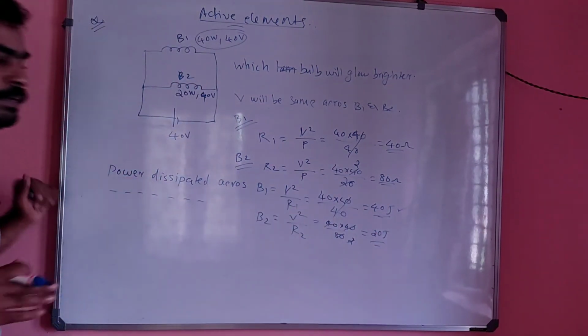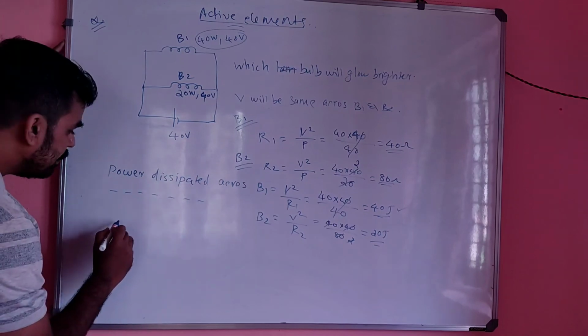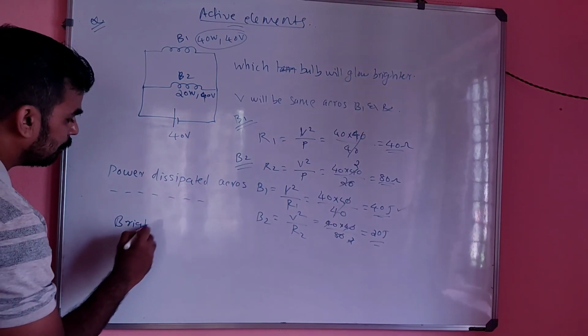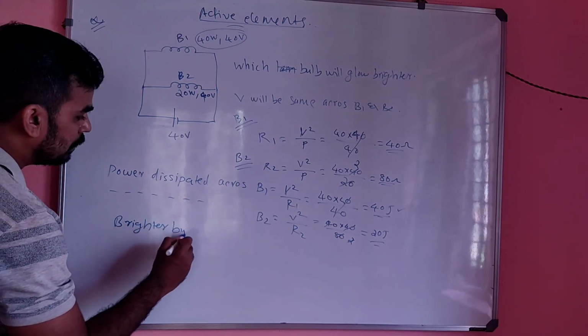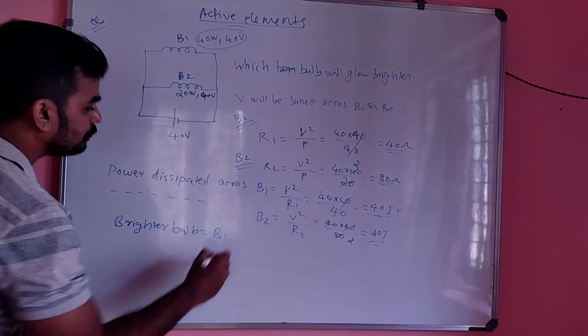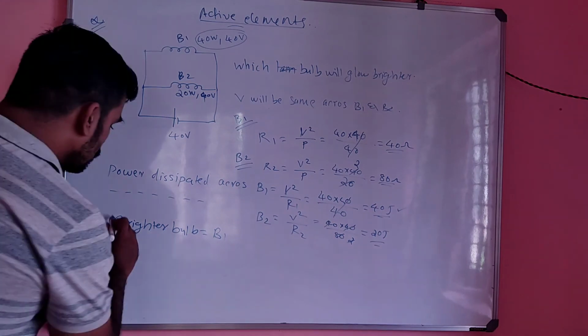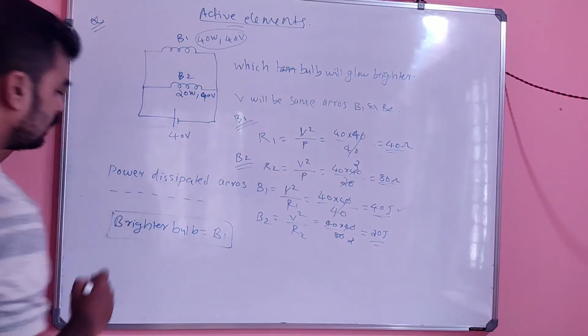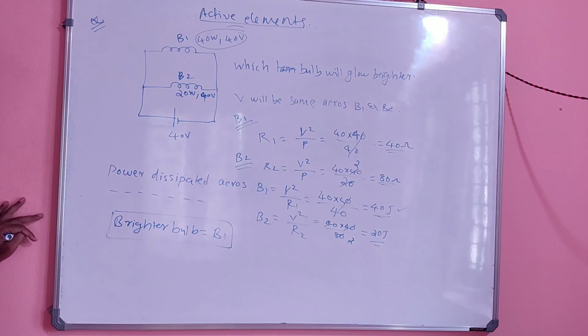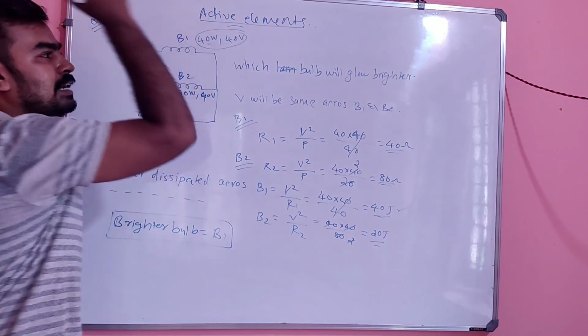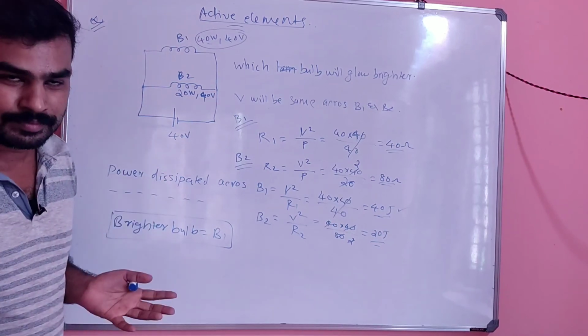So you can conclude from here that the brighter bulb is B1. Clear? So in parallel connection, the lamp having the highest power rating glows brighter.